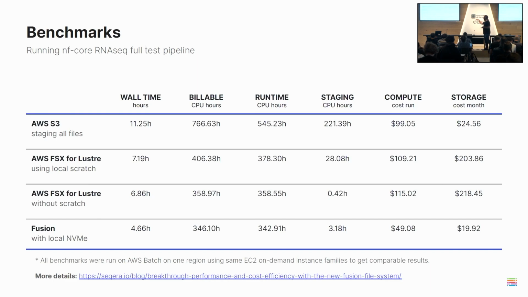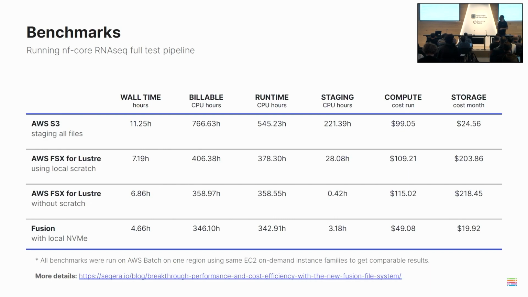The other one that we wanted to test, to be more similar to what we are doing with Fusion, is also an FSx for Lustre file system, but without using the local disk. That means the process is directly writing to the Lustre file system.